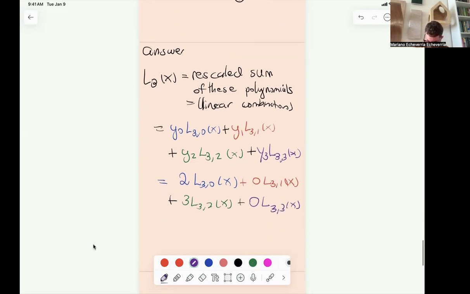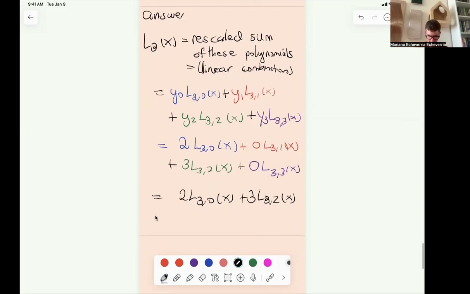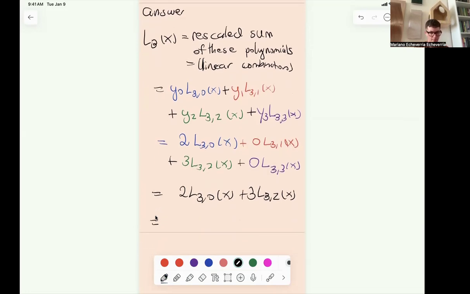In this particular case, because two of the y values are 0, it's just 2L30x plus 3L32x. And if you wanted, you can use the explicit formulas to write down something like 2 times x minus 1 times x minus 2 divided by -6.